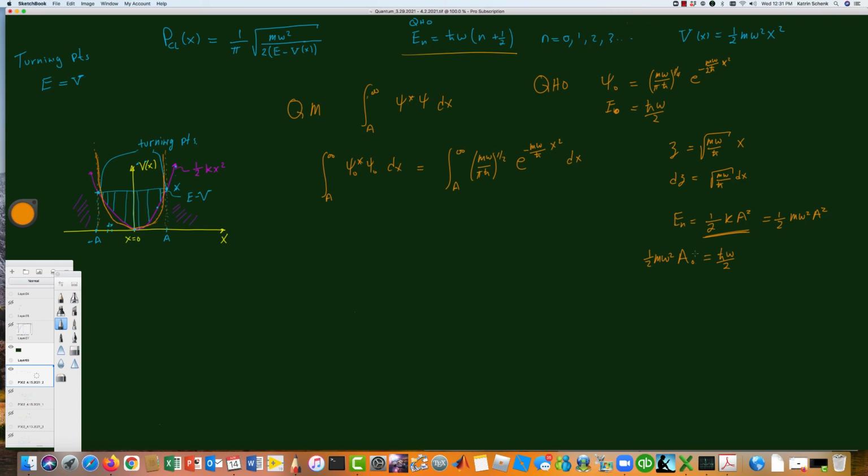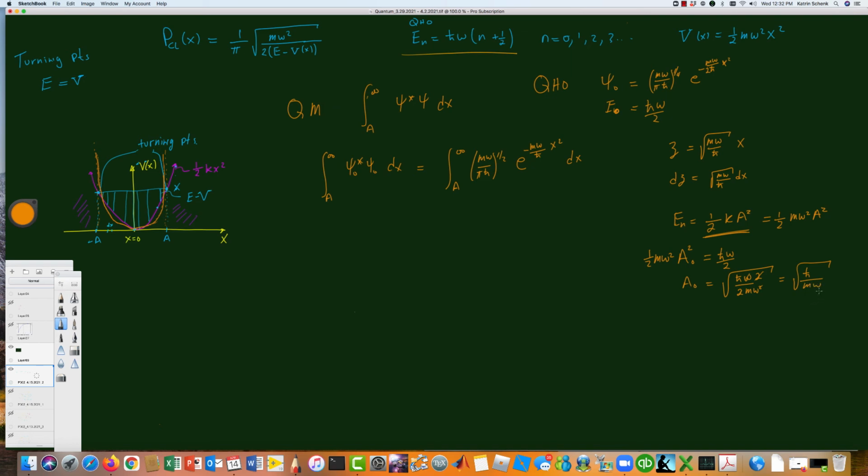So A0 is the square root of h bar omega over 2, then we have a 2 on the top from here and an m omega squared on the bottom. That all cancels out the 2, cancels out the omega, and we get the square root of h bar over m omega. So that's A0.